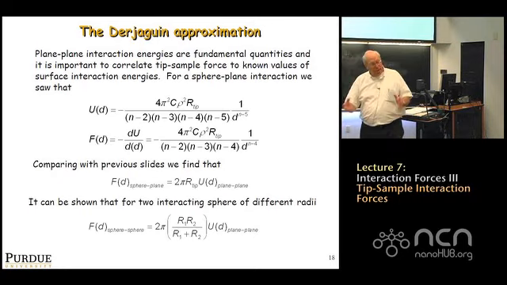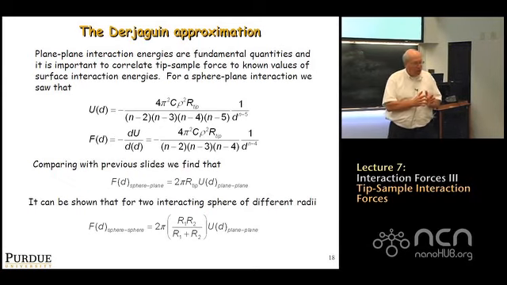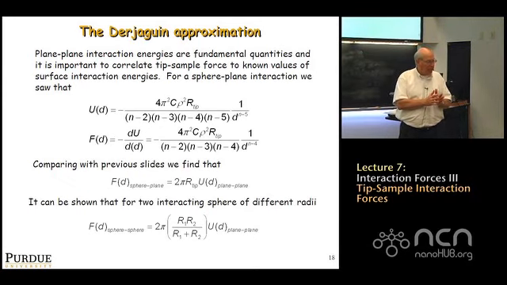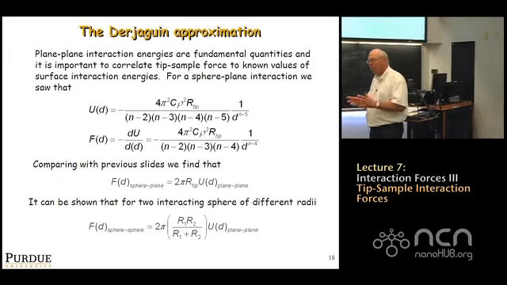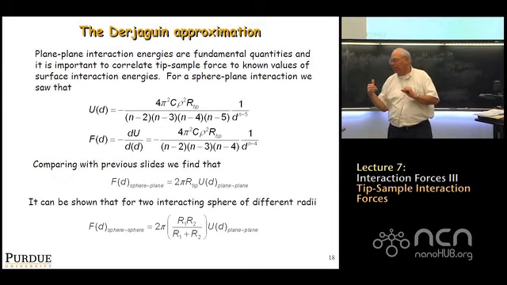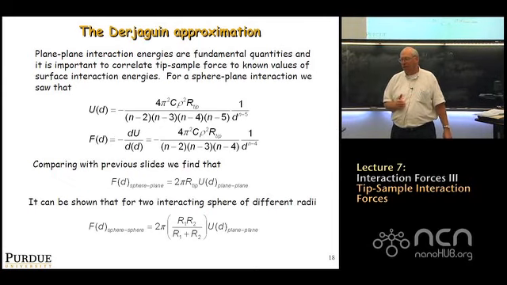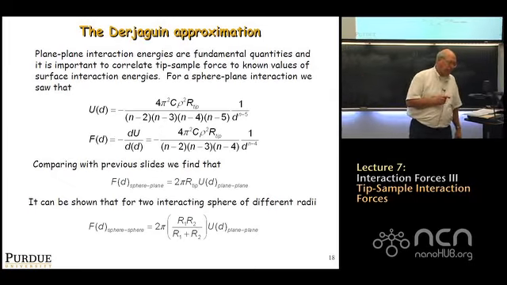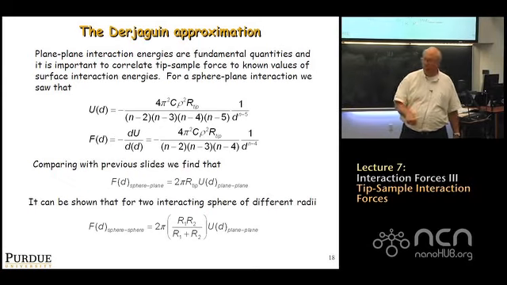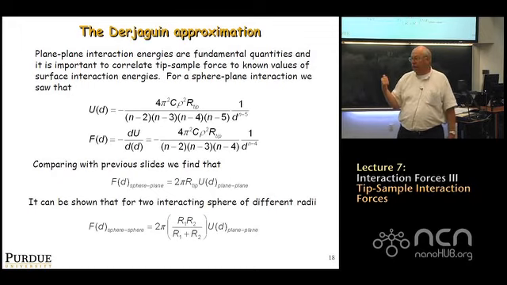Now, this approximation requires the plane and the sphere to be rigid. If the plane or the sphere deforms, then Derjaguin's approximation is no longer valid. So if you are in the business of AFM and you start to measure liftoff forces of AFM tips from substrates, and you want to use this approximation, you have to convince yourself that the tip is very rigid and the substrate is very rigid.